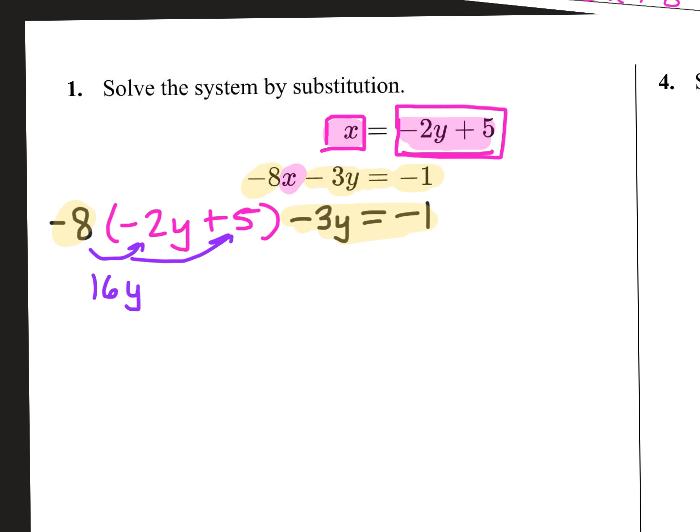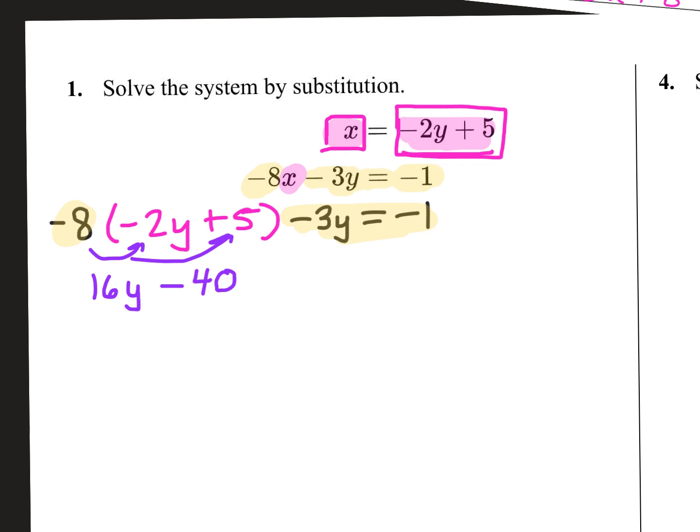Negative 8 times positive 5 is a negative 40. And because I can't combine the y and the 40 because they're not like terms, they don't both have a y, I had to put that subtraction in between them. So I have now taken that negative 8. The negative 8 isn't there anymore because we used it to multiply.